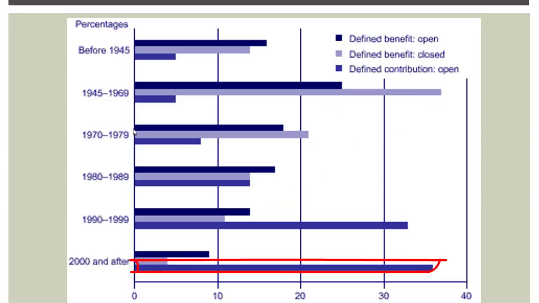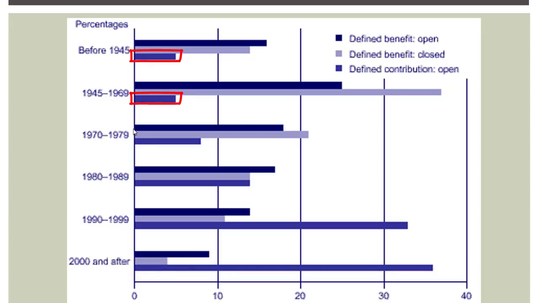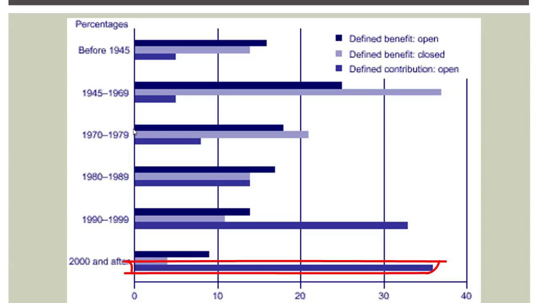And you can see they were really small up in the 40s and 50s and 60s, but they started growing in the 70s, 80s, 90s, and of course now in the 2000s, that's most of what we're doing. Like we said before, we have a few of these defined benefit plans for public individuals, for really highly specialized or trained individuals that we want to make sure we don't lose. So it becomes a bargaining chip at the table. And then everybody else just gets a defined contribution, and that's it.